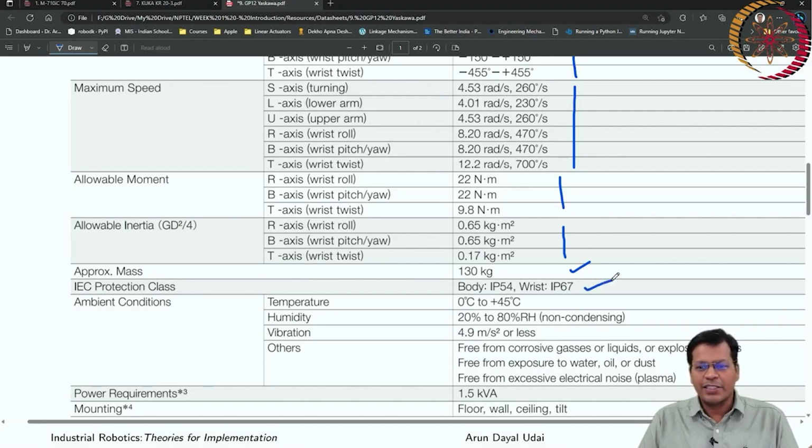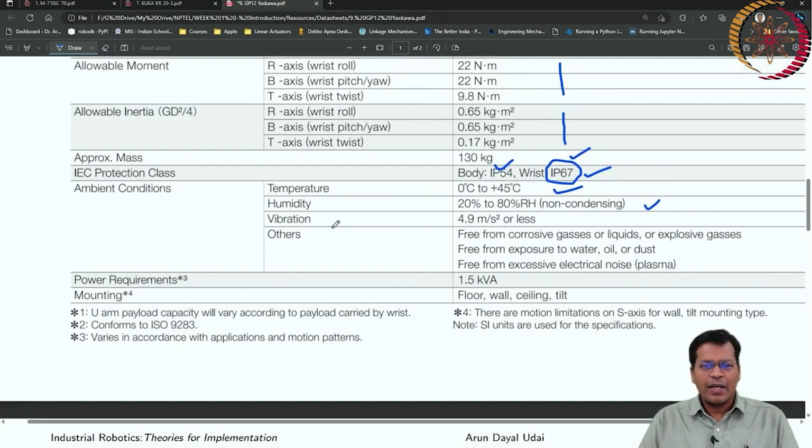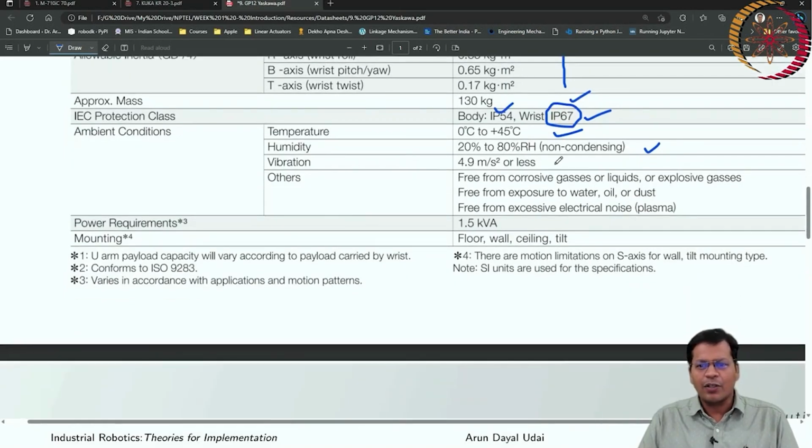IP67 for the wrist, you see, and IP54 for the rest of the body. It can operate from 0 to 45 degrees. Relative humidity is something around 80%, non-condensing, and vibration it cannot take more than this. Then there are parameters which are not necessary, but may be very useful for some specific requirement.